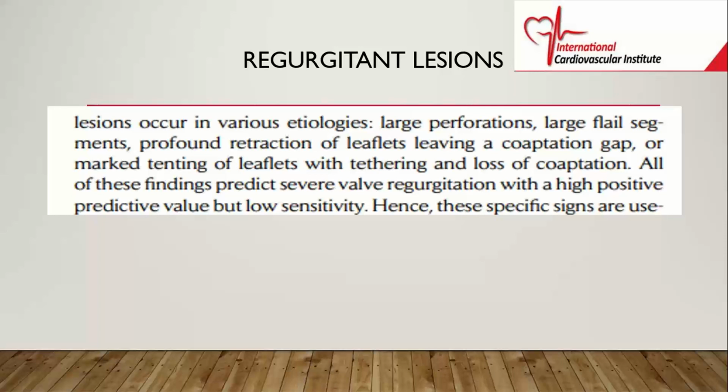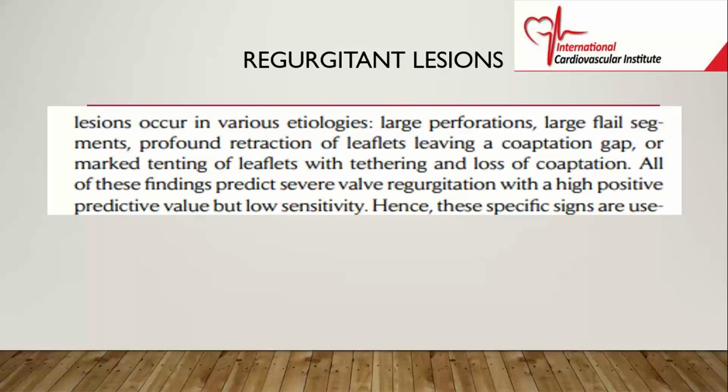And if you look at the valve and you have large perforations, if there is a large flail segment, if there's profound retraction, or if there's marked tenting or tethering, if there's loss of coaptation.